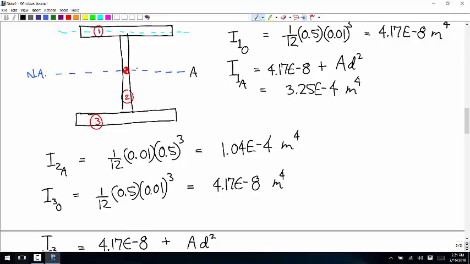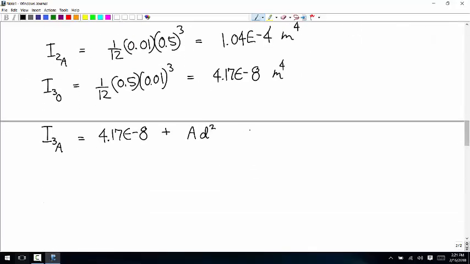The distance from the overall neutral axis to the neutral axis is the same, and so you end up getting the same thing. And that is 3.25 times 10 to the minus 4th meters to the 4th. And now you just add up all these pieces.